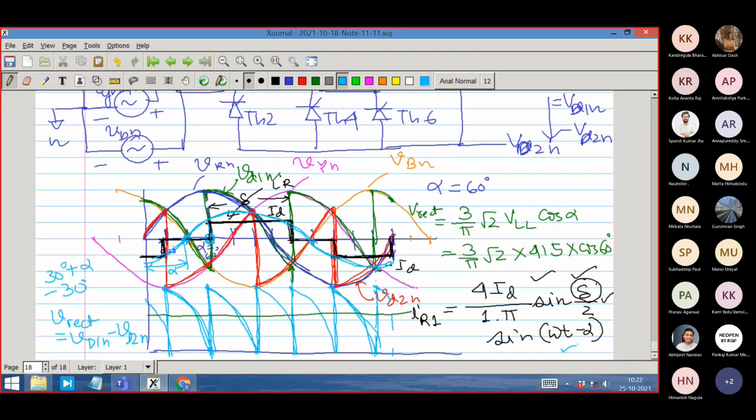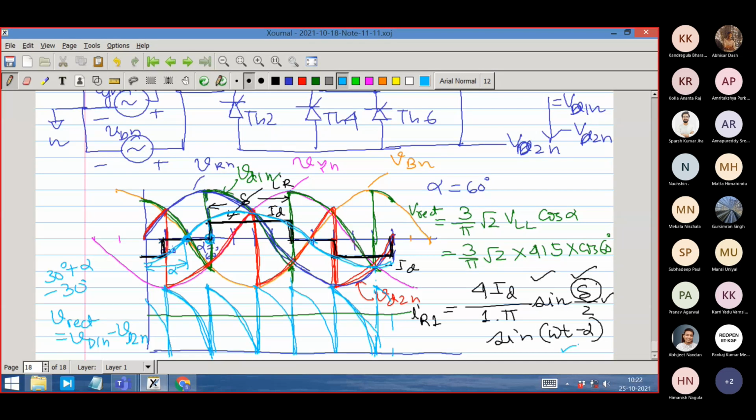We have seen that it is cos alpha for single phase also. Even though here the current is not spreading in each phase over 180 degrees, it is spreading only for a duration of 120 degrees, the power factor doesn't change, right? So the displacement factor doesn't change.